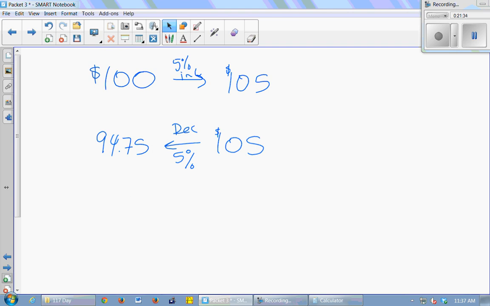So this is a really big point of confusion with percentages. It all depends on what your baseline is. What number are you taking a percentage of?